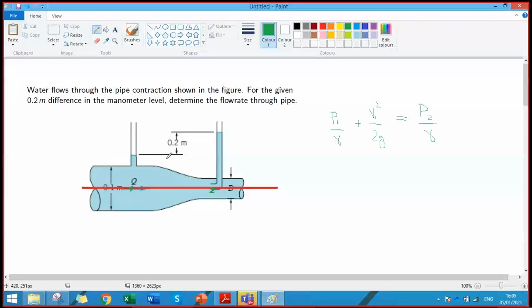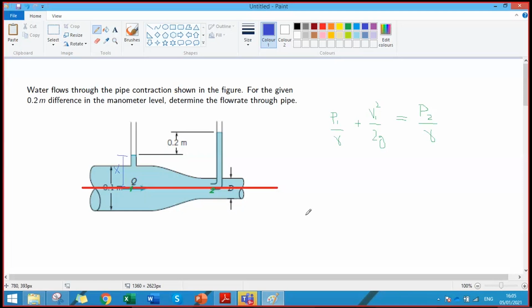No, we can use these readings, the height differences, the pressure difference in the manometer. If I say that the reading from the center line to this static tube is X, what would it be representing? This X would be equal to the static pressure at point 1.